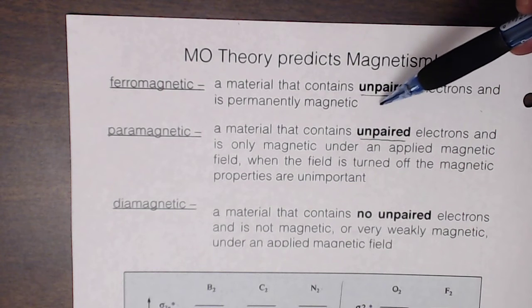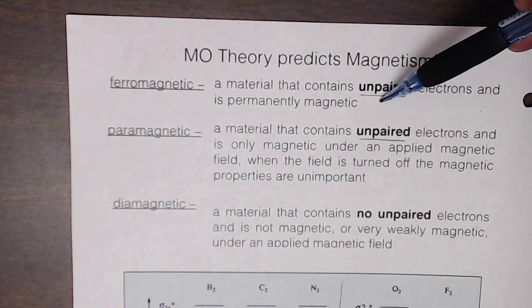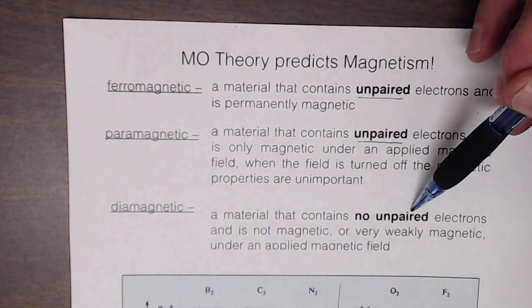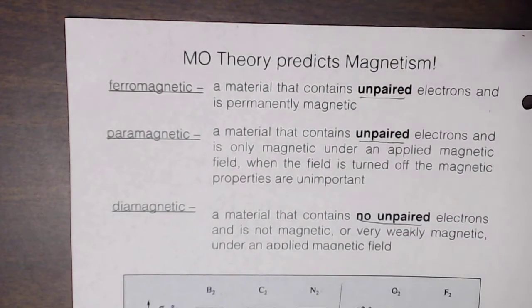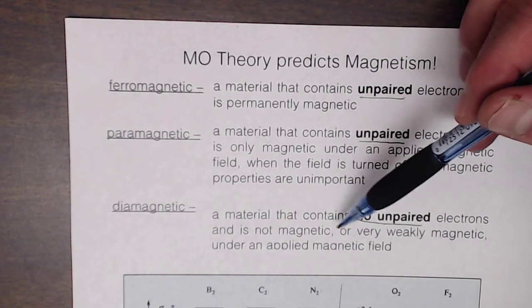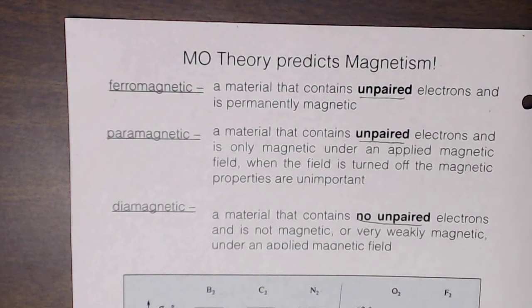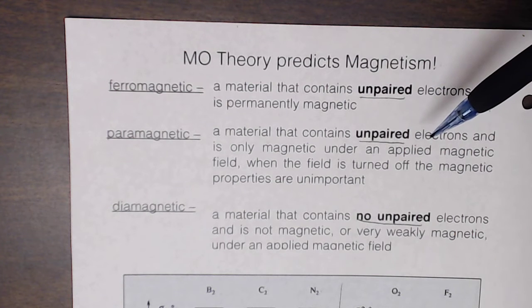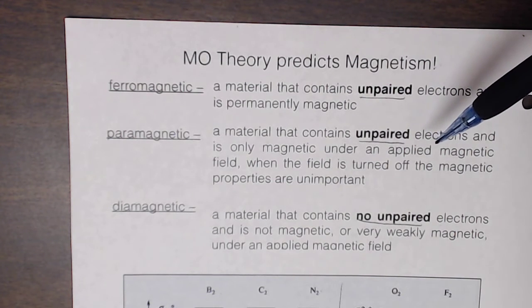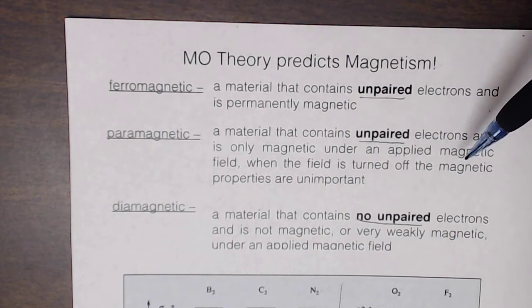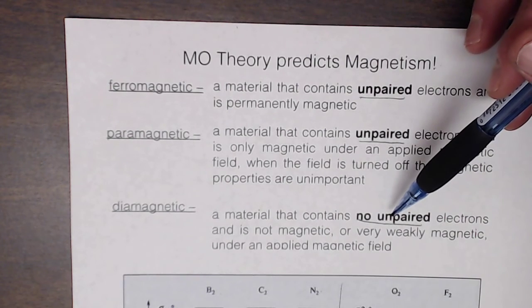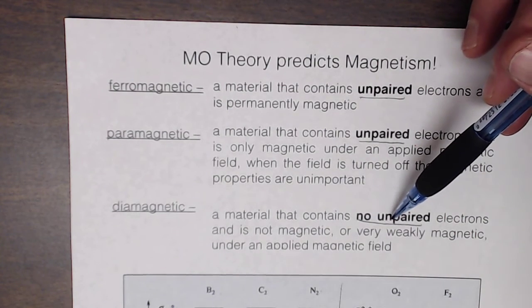So it doesn't matter if you're applying magnetism or not. And then diamagnetic is a material that contains no unpaired electrons and is not magnetic or very weakly magnetic under an applied magnetic field. Okay? So ferromagnetic is permanently magnetic. Paramagnetic is magnetic only under a magnetic field. And diamagnetic is not magnetic.